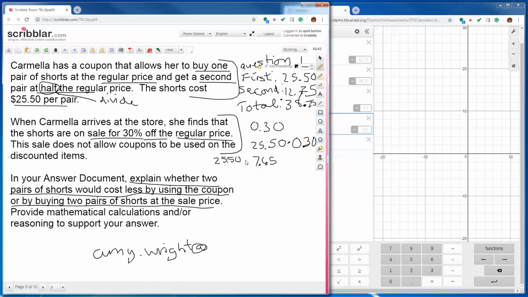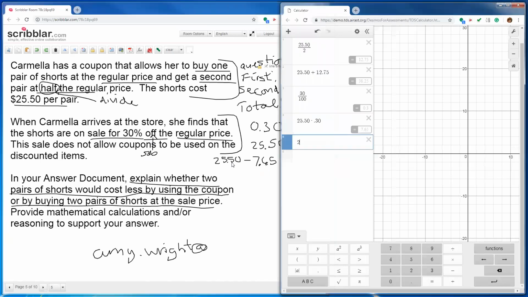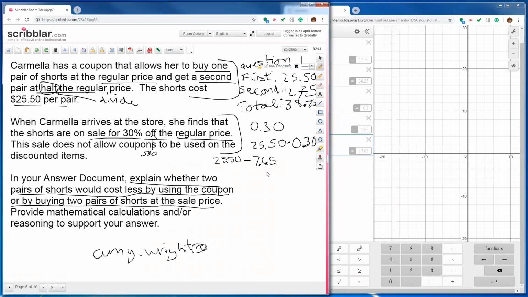Minus. You take it away. The word off means to subtract. Because you're not going to be paying that $7.65 from the $25.50, so you subtract it. So $17.85, that's the cost of one pair of shorts.